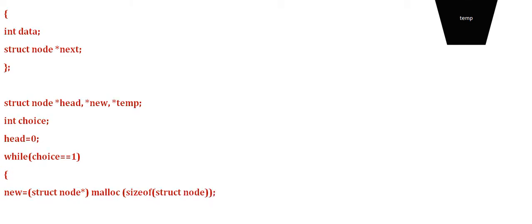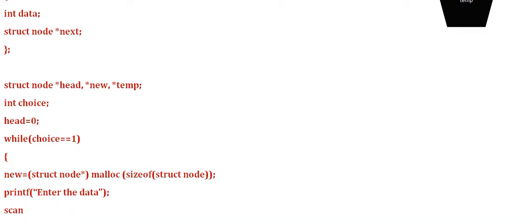Then after allocating the space for a new node, I'm going to ask the user: enter the data. Then through scanf I'm going to get the variable, my input is going to be an integer, so I have to use %d.